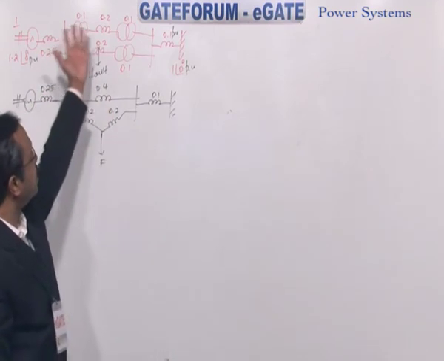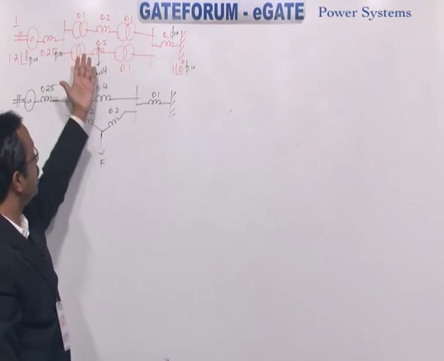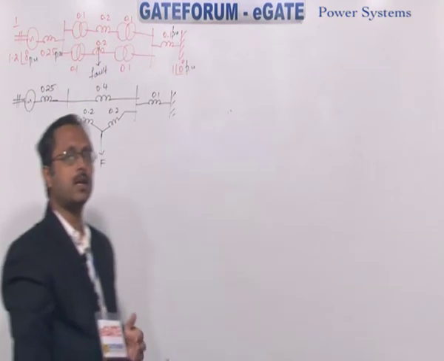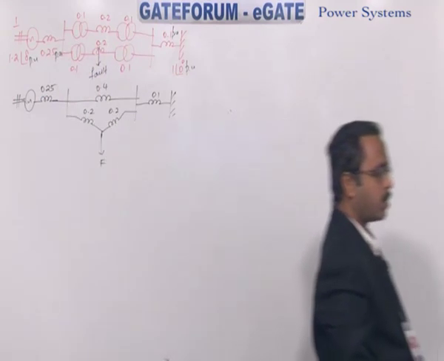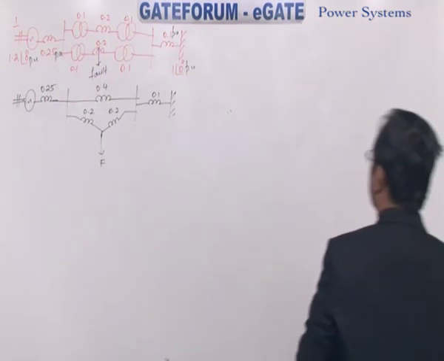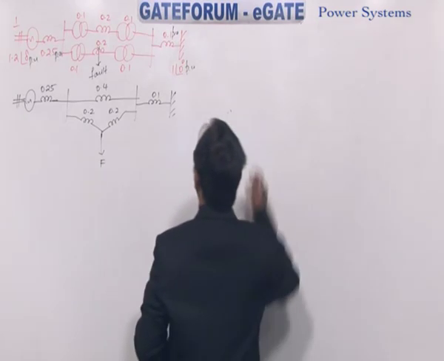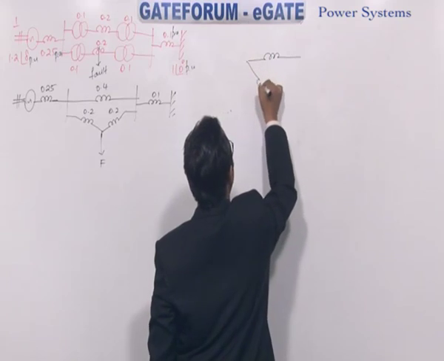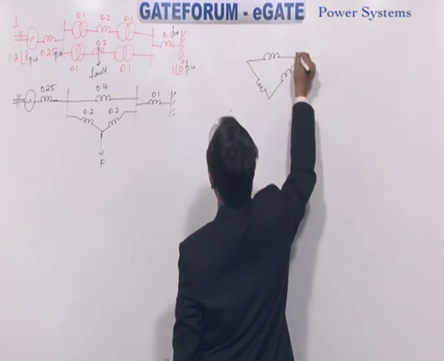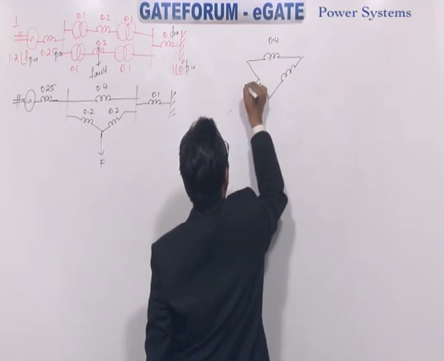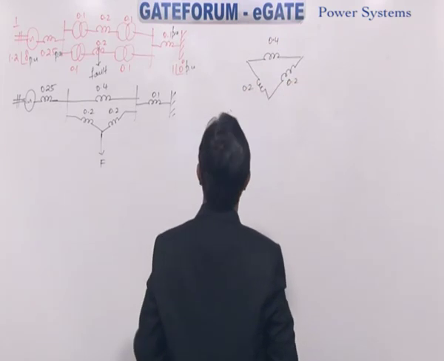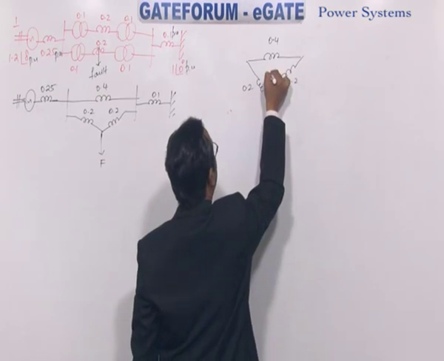Now you got a delta configuration here. So we have to convert the delta to star. So how do you convert the delta to star now? You are having a delta configuration. How much here? 0.4, 0.2, 0.2. Now you should convert this to star.